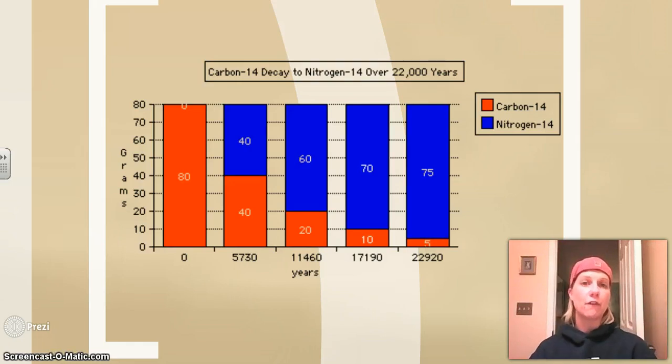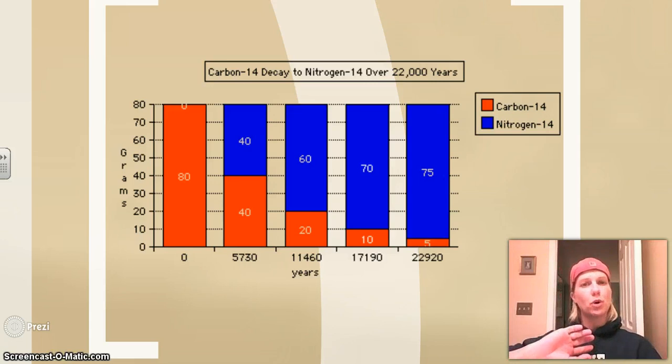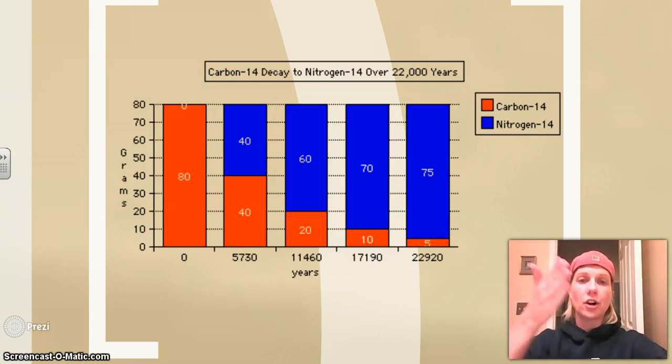I should only have 40 grams there, because it's going to break down in half. So the parent material breaks into 40, but as those molecules broke down, they actually turned into something else, which is nitrogen. That's the daughter material. So the red is the parent, the blue is the daughter. So as the parent is breaking in half, the daughter is increasing in amount.